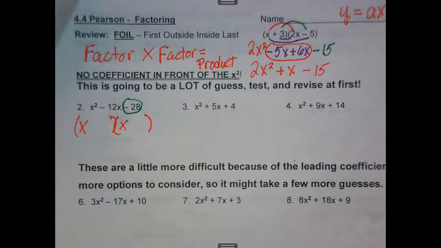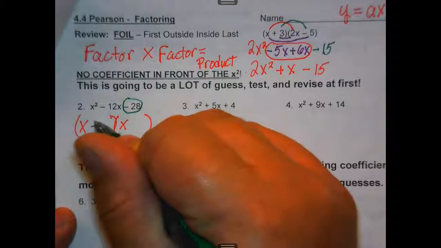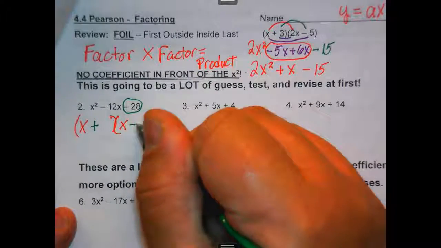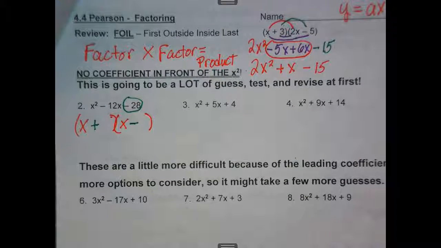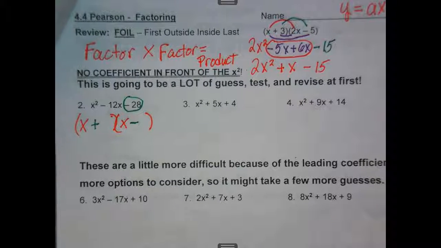The only way to get a product of negative 28 is to multiply what? To get a negative number, one has to be positive and the other has to be negative. There's my signs. Now I have to come up with factors of 28.